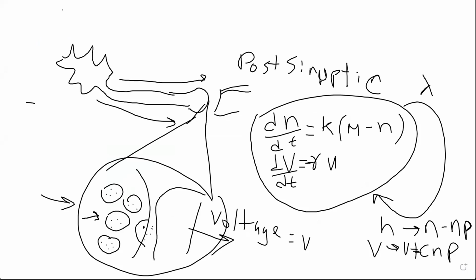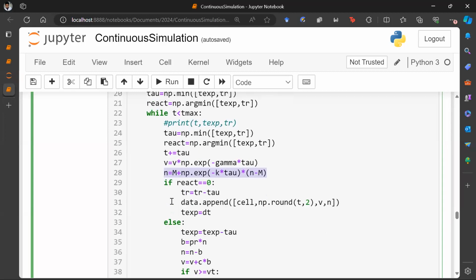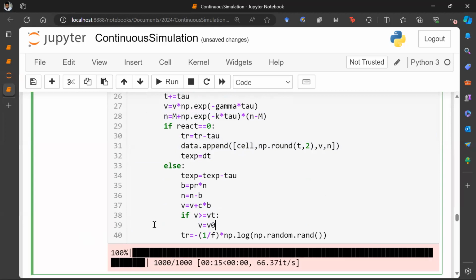The solution is an exponential function of time, decreasing exponentially, so it has the negative here. And this is the solution for the number of vesicles over time. And I perform the reaction. If it's exporting, I export. If the reaction is a reaction, my burst is going to be n times the probability, and my voltage is going to increase proportional to the number of released vesicles. And if the voltage is bigger or equal than a given threshold, the voltage is going to reset to 0.